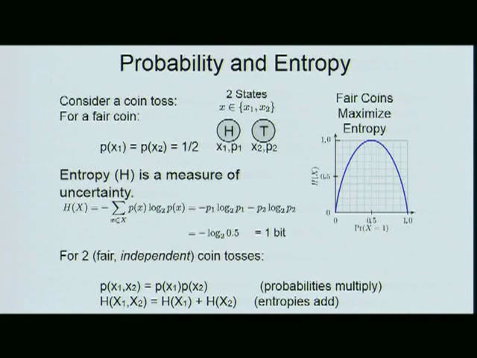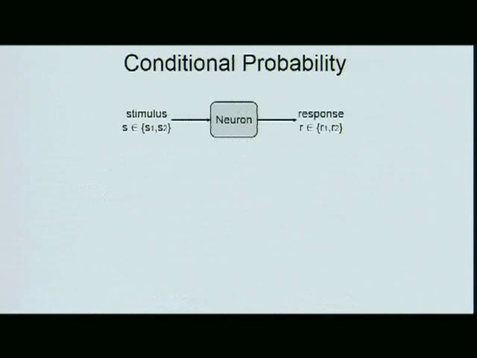Now we want to try and apply it to a slightly more realistic example, or a useful example, of, say, a neuron. And this is going to illustrate the concept of conditional probability, which I think has already been mentioned briefly in a previous talk. But let's just imagine a fake neuron now, which still takes a stimulus and gives a response. But now there's only 2 possible stimuli and 2 possible responses. Sort of like a coin toss. You could have 2 possible states, right?